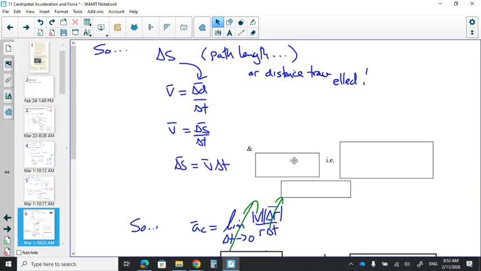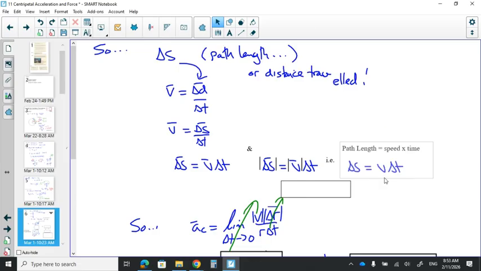If we solve for the path length itself, we can scalarize it and end up with the path length being the speed times the time interval.